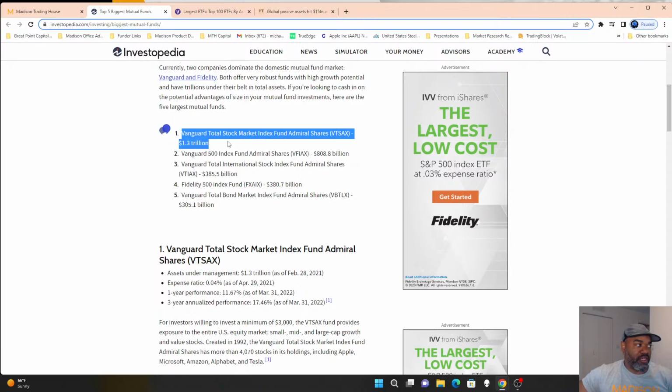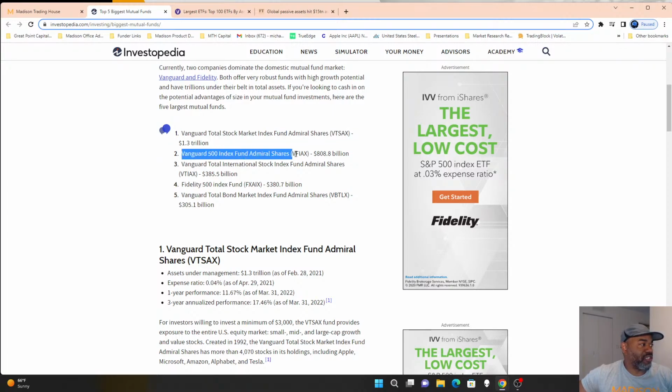They're just putting money into it on their own, right? But here's the Vanguard 500 Index Fund, which, of course, as you probably guessed, the 500 means that it's probably S&P focused. It has more money under management than the SPY.